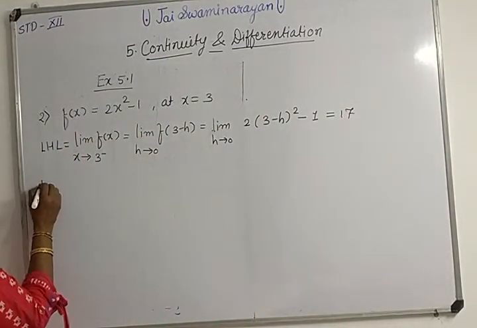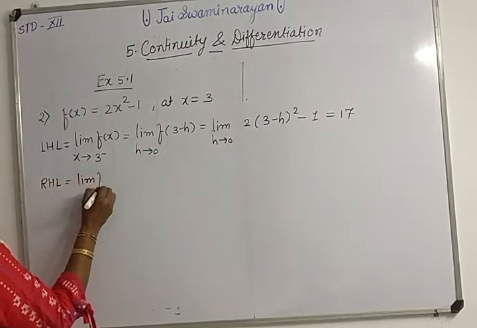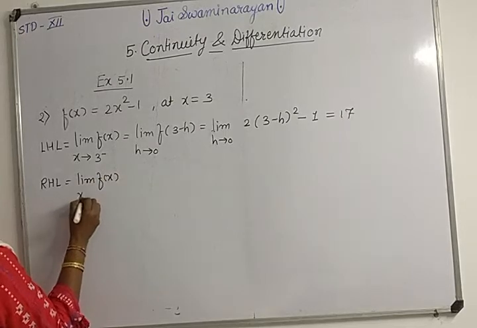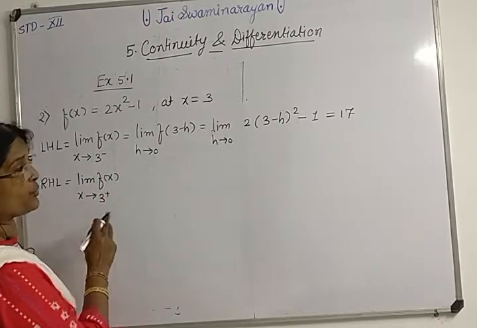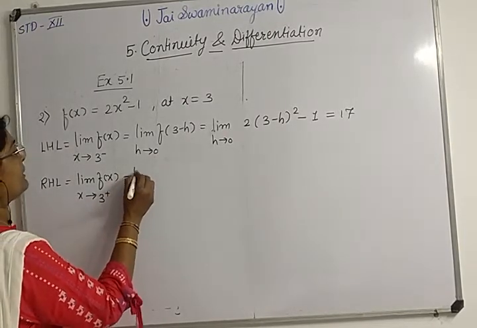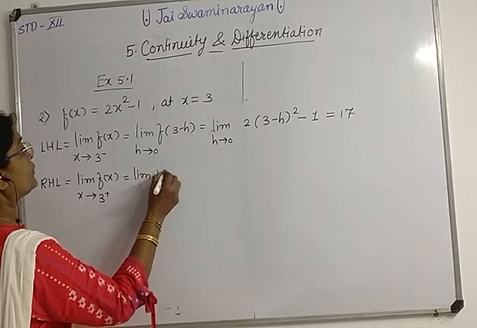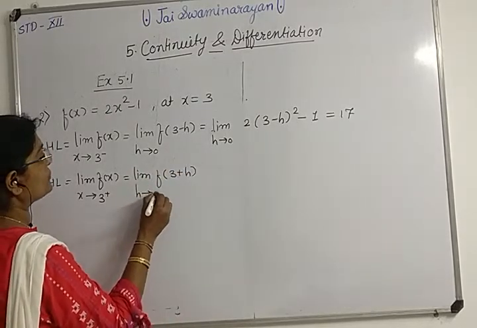Now we will solve. Right hand limit equal to limit of f of x as x tends to 3 positive. Means it is approaching towards the function from right hand side. This equal to limit of f of 3 plus h as h tends to 0.